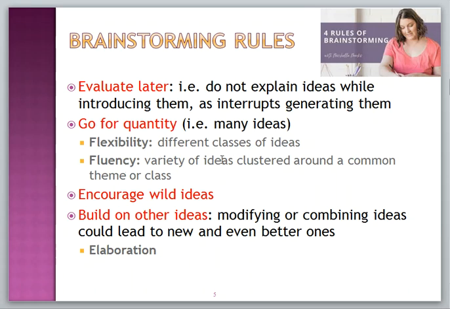In brainstorming we encourage wild ones, not traditional ones, and we will have some variants that stimulate our minds by wild starters. Rule number 4 is build on other ideas. So we use the first thoughts to stimulate the others, and then later on we have some more elaboration for the ideas generated.